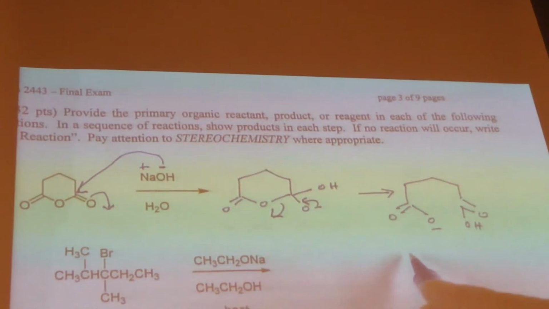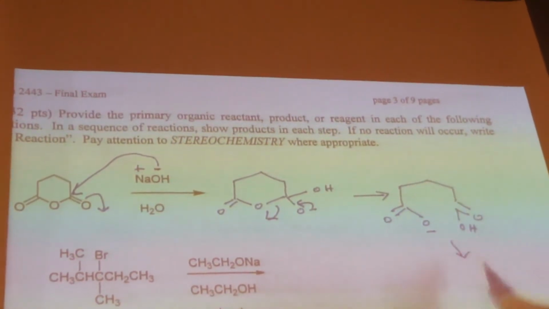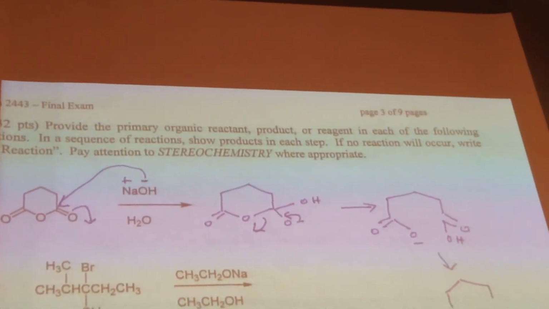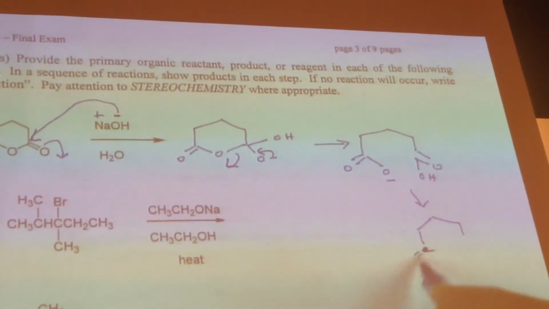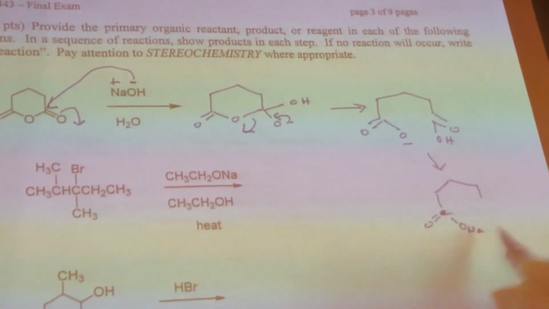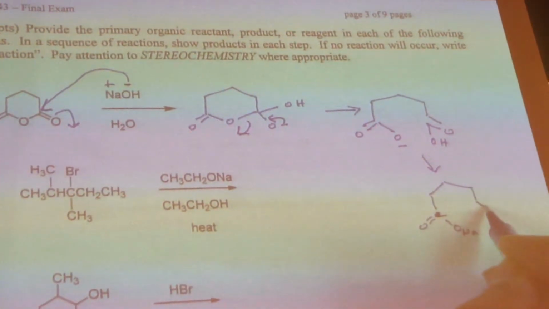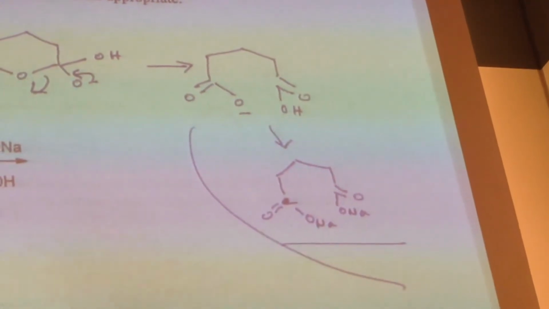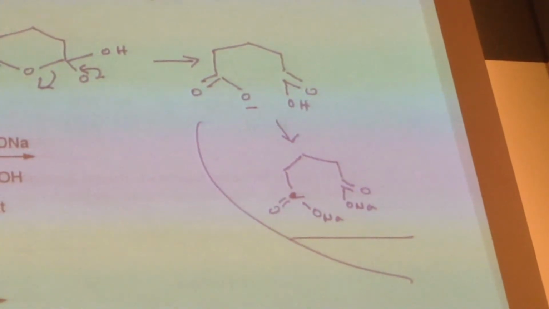So you really get from this, this would be the product for this. Okay. And you can straighten this out, of course, and write it in any which way you want.